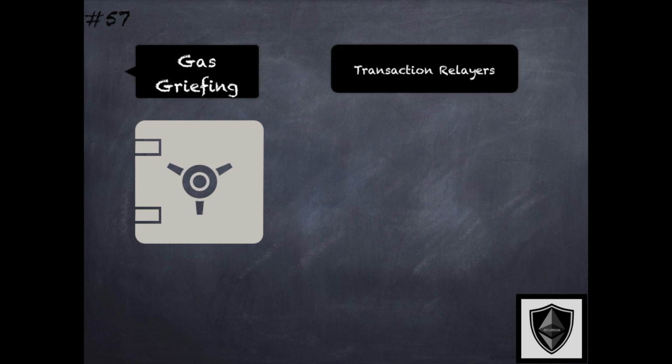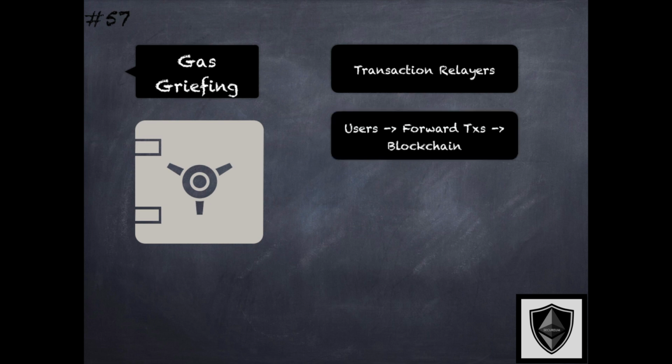Gas griefing is a security concept that becomes interesting in the context of transaction relayers. Recall that on Ethereum, users can submit transactions to the smart contracts on the blockchain, or alternatively, they can submit what are known as meta transactions, which are sent to the transaction relayers where they do not need to pay for gas, and the relayers in turn forward such transactions to the blockchain with the appropriate amount of gas.